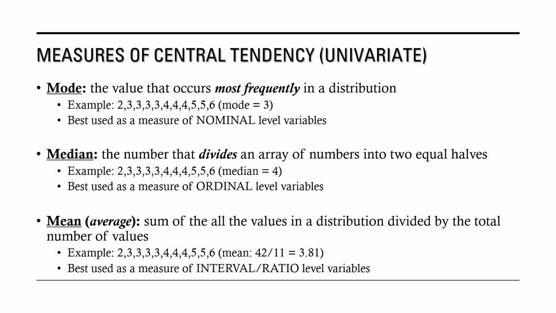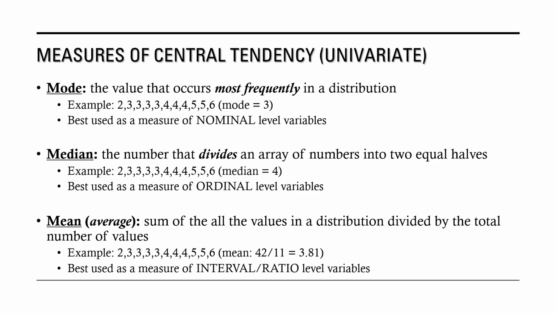The next measure of central tendency is the median. The median is the number that divides an array of numbers into 2 equal halves. So if you have people providing these responses, 2s, 3s, 4s, and 5s, put those into a rank order. And what you're going to want to do is work from either end and see which number falls at the very middle of that spectrum of values.